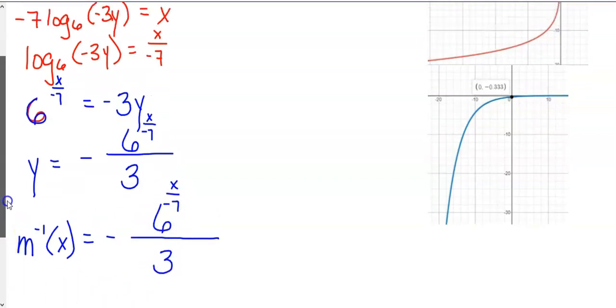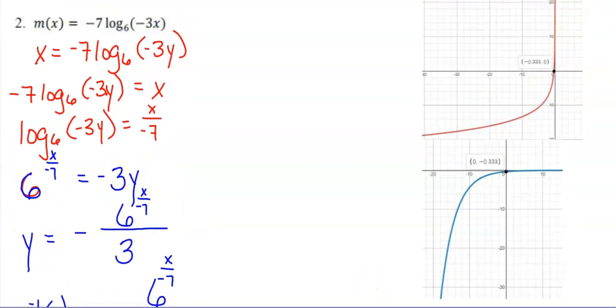Okay, let's look at domain and range. I want you to notice on the red graph, this one's different than the ones we've been looking at. The domain on this one does start at negative infinity this time. Instead of having a vertical asymptote over here, this time the vertical asymptote is on the right. I also want you to try to notice a pattern in the fact that the vertical asymptote is on the right on this one instead of on the left.